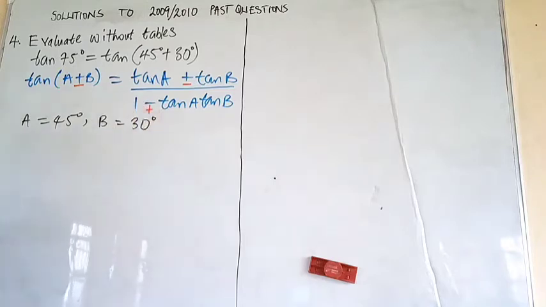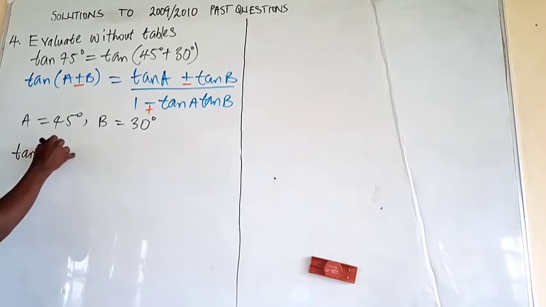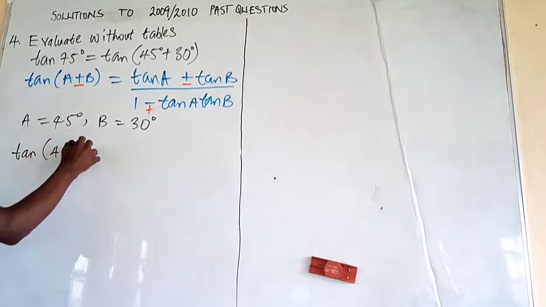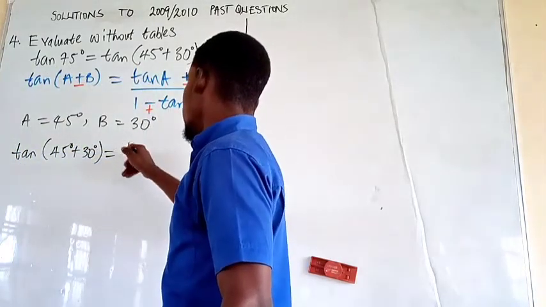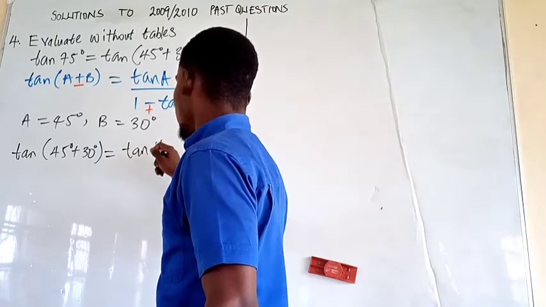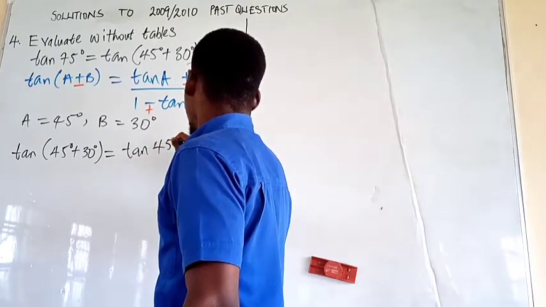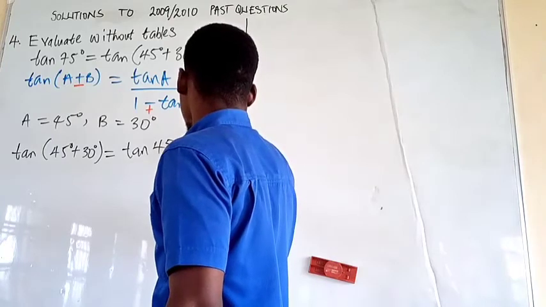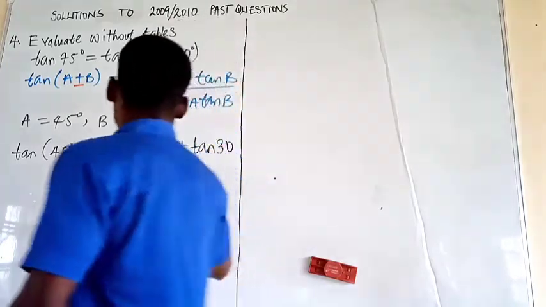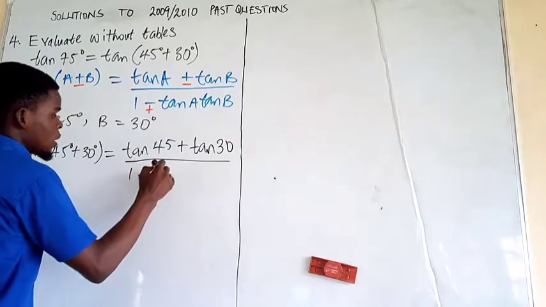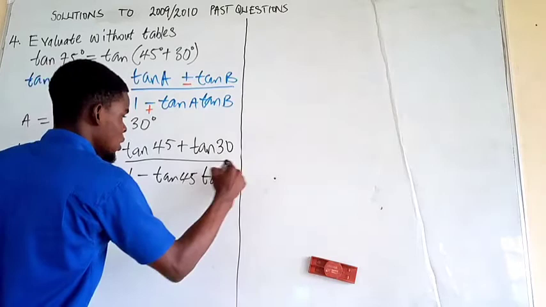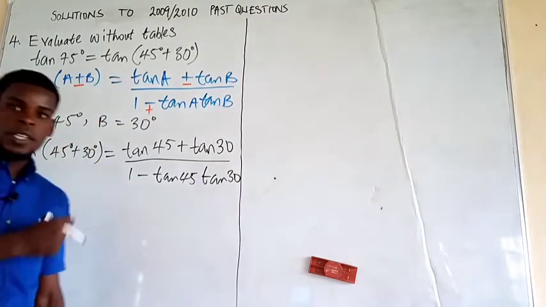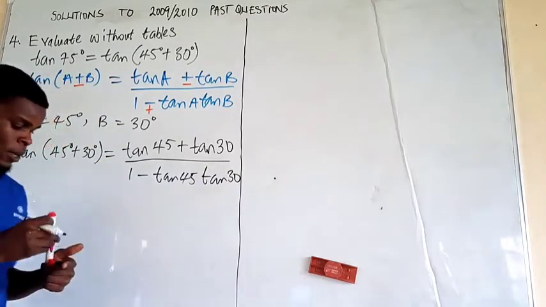Tangent of 45 degrees plus 30 degrees will be equal to tangent 45 plus tangent of 30, divided by 1 minus tangent 45 times tangent of 30 degrees. Without the degrees, you just know that they are angles, alright?